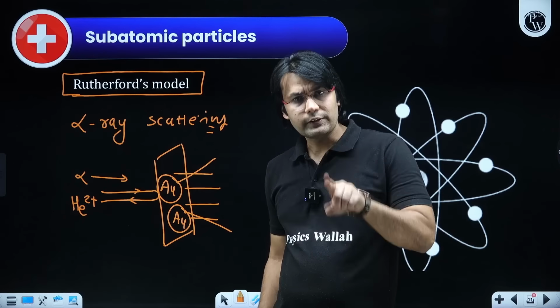Like this, you can practice and write down the electronic configuration for all those atoms whose atomic numbers are between 1 to 30. At least from atomic number 1 to 30, you should know in this chapter, because that is in your syllabus, right?